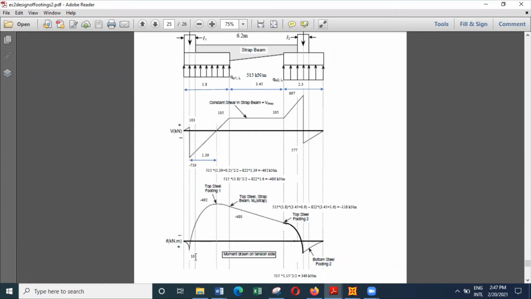This should be 10.3. So the bending moment here is very small, which is only 10.3.